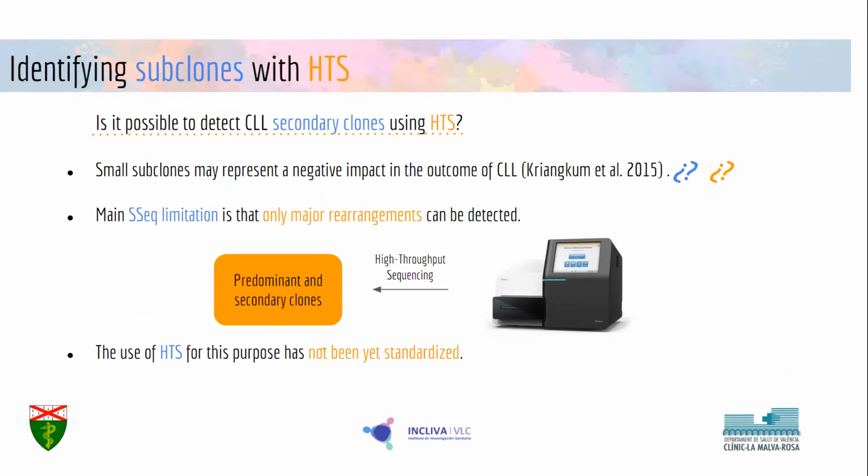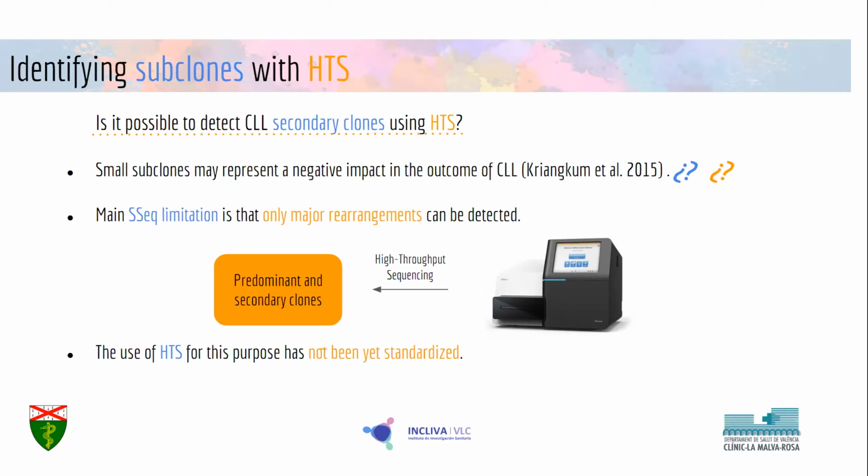So the limitation of this protocol I have shown is that we cannot detect those clones that are minor with respect to that dominant clone. And it has also been suggested that subclones may also have an important role in the outcome of CLL. And the ideal thing would be to do high throughput sequencing to detect not only the predominant, but also secondary clones.